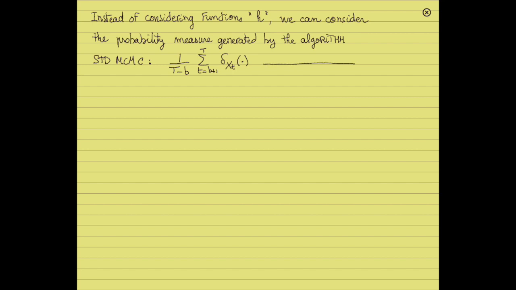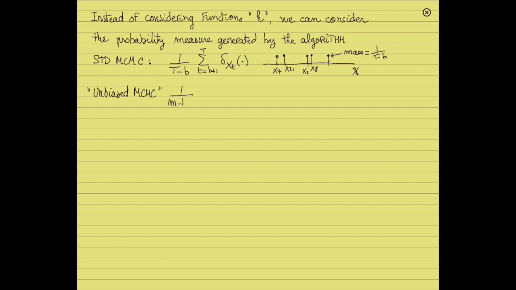So here it's written as if there was a burn-in of length b and a total length capital T. And so we can imagine the state space, and the x's are on the state space, x7, x31, all the x's are there, associated with a little mass equal to 1 over the period of the trajectory under consideration. So they all have the same mass. They should have all the same vertical stick here.